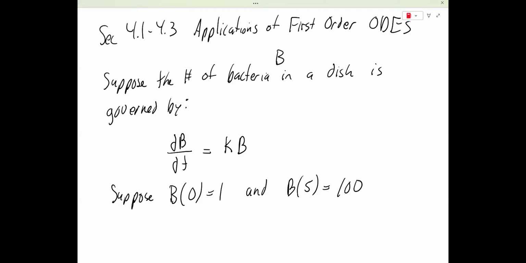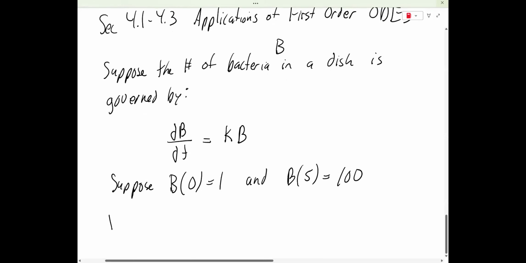So at the initial time there's 1 bacteria, and then 5 hours or 5 days later, there's 100 bacteria in the dish. And the question is to find the number of bacteria as a function of time, find B(t).